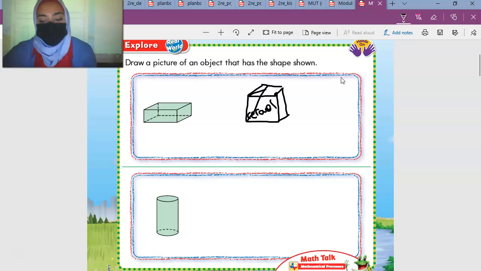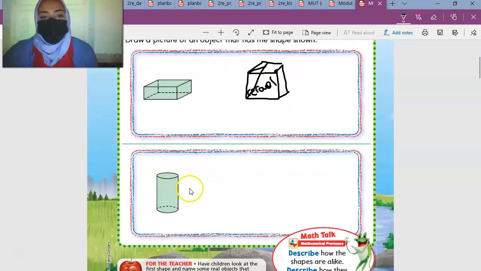Okay? All right. This is called a cylinder. A cylinder can roll. It only has two flat shapes. What in real life is the same shape as a cylinder, Rena? A can. So this is how you draw a cylinder. First you draw an oval at the top.